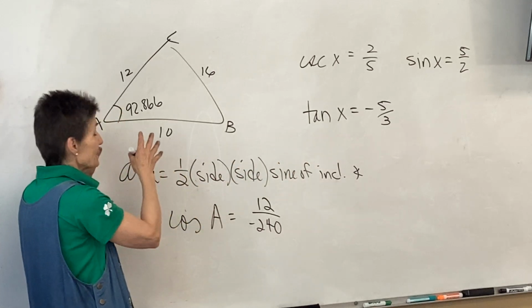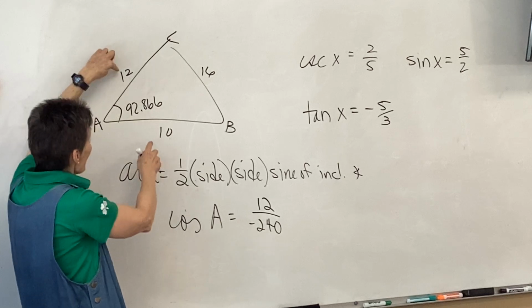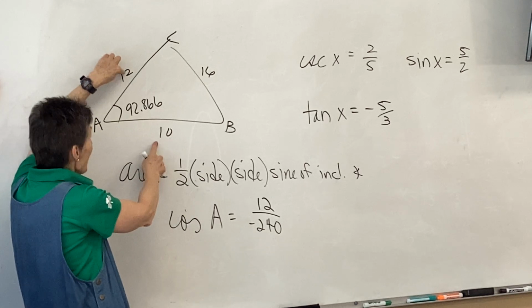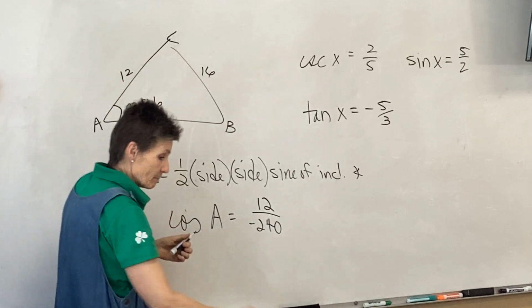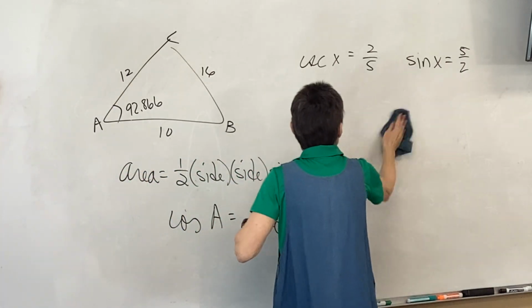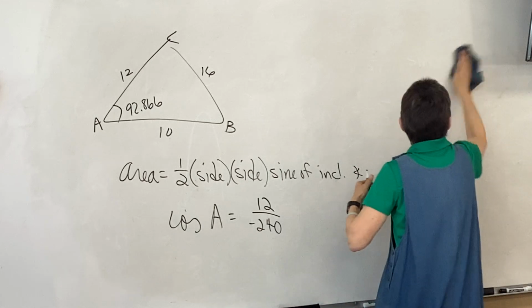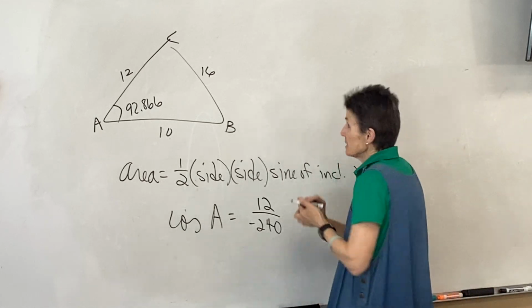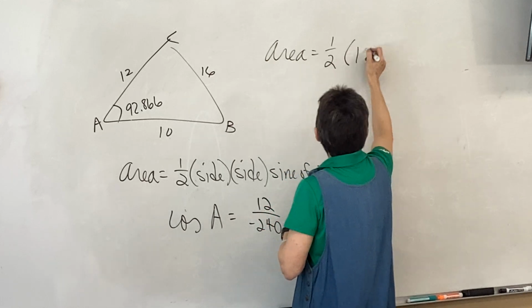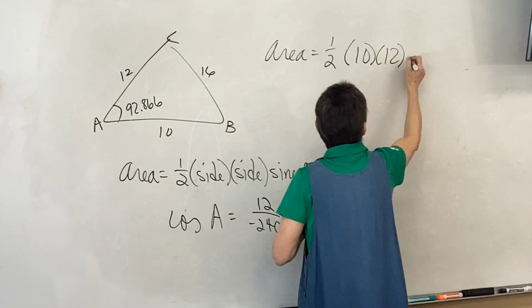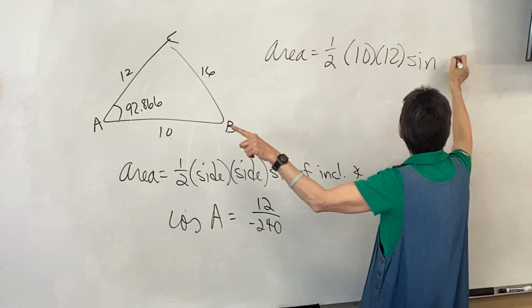We were finding the area. But now we have two sides and the angle in between. So the area will be 1/2, 10, 12, sine that angle.